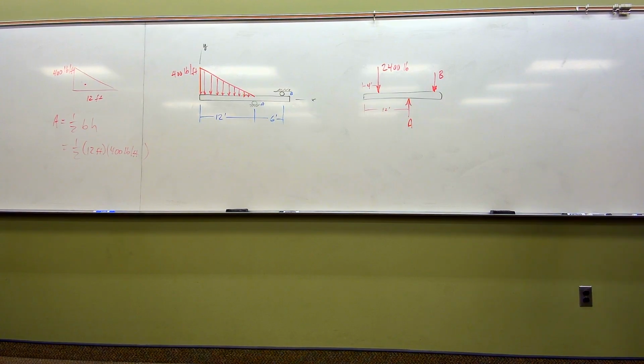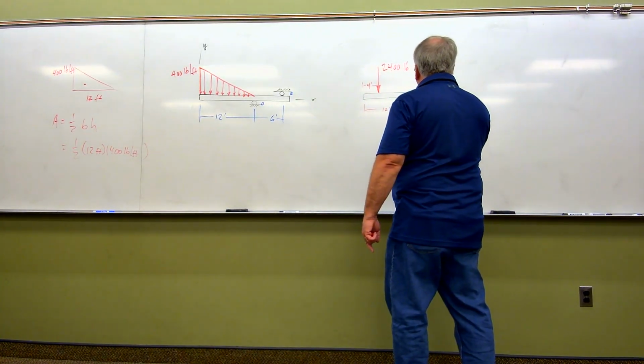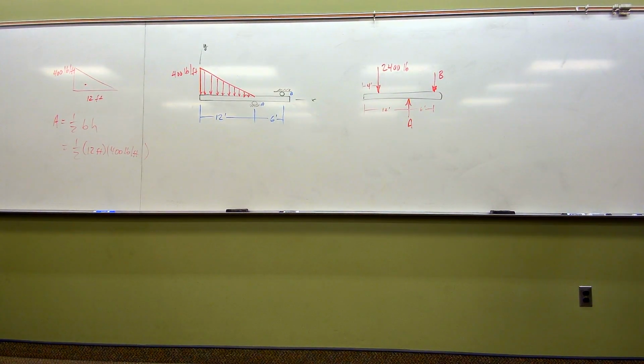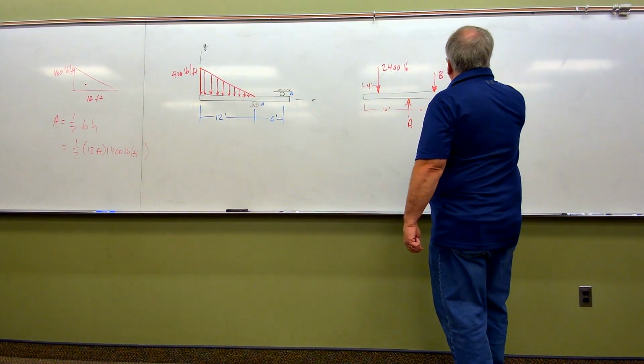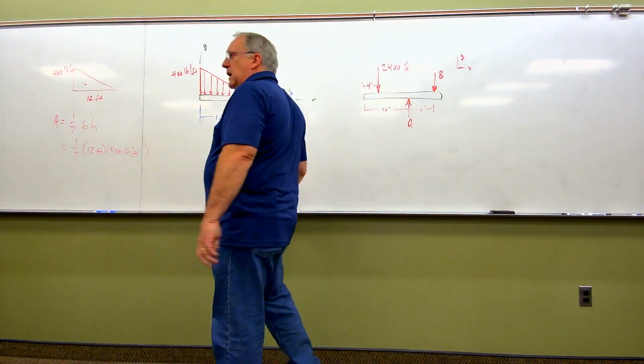Not at all. I'm doing it because I choose to do it this time, and it doesn't hurt to have a reference of, well, where are these things all at? So from here over to here, another 6 feet, no problem. Now we know where everything's at. Now if you look at this, we have in front of us the same old.